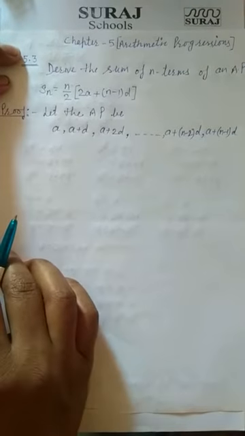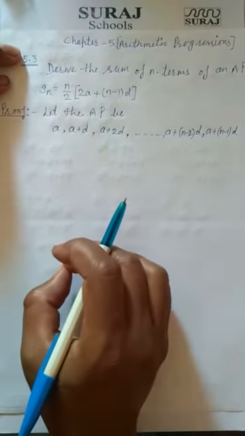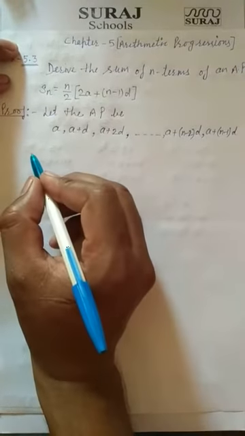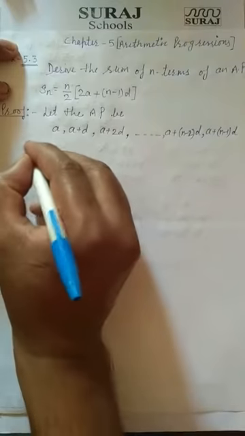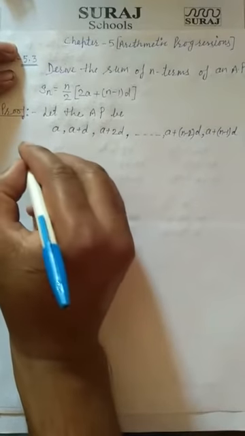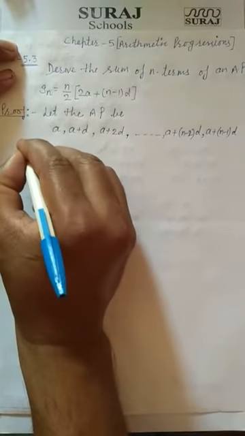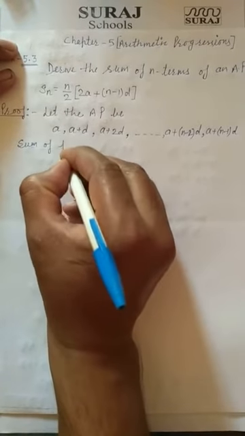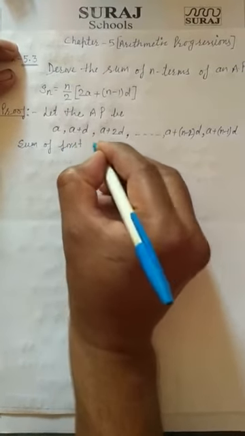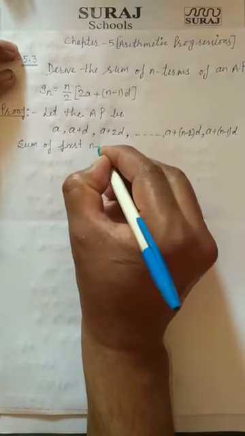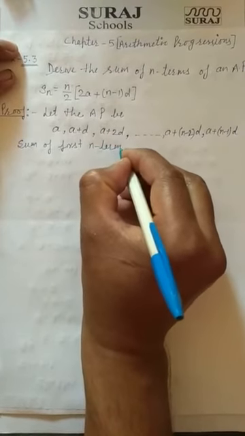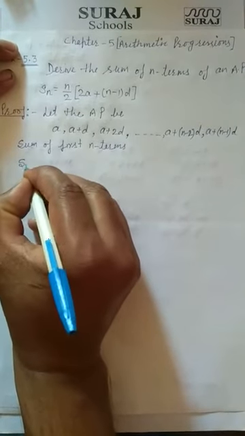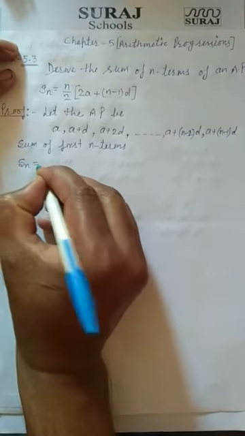Okay, that is the AP. So students, we find the sum of the first n terms. That is denoted by Sn, the sum of n terms.